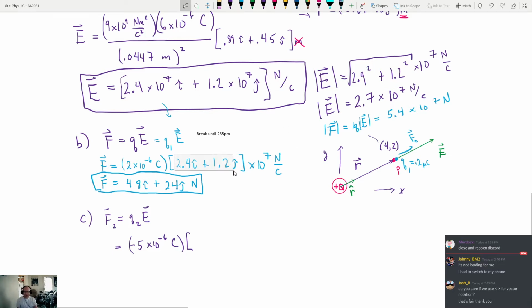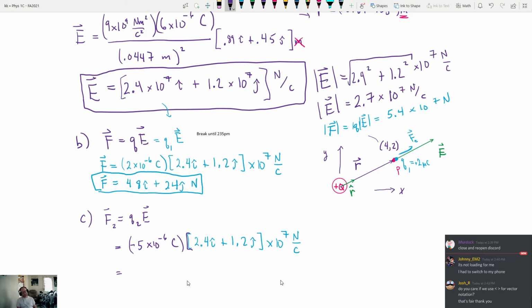We multiply this times the electric field, which was here. We'll just copy-paste it from here. So we got that, and then we figure out our answer, and our answer is now going to be 5 times 2.4. Can I do that in my head?